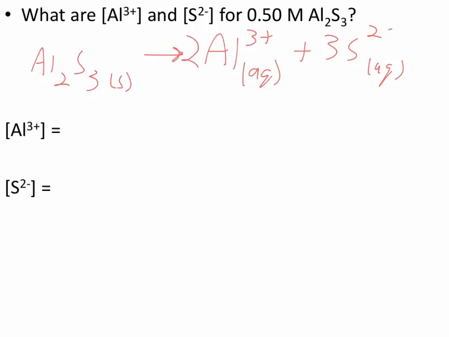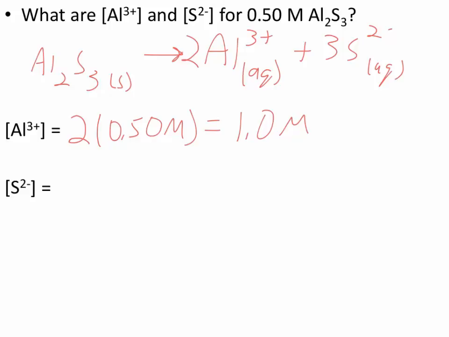And that means that when we go to calculate our individual concentrations for our ions, our aluminum concentration is 2 times our nominal aluminum sulfide concentration, which was 0.50 molar. So our aluminum ion concentration is 1.0 molar.